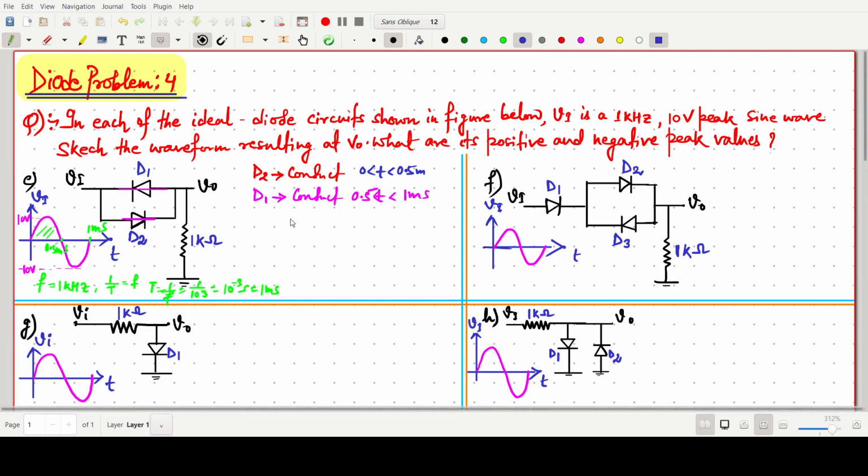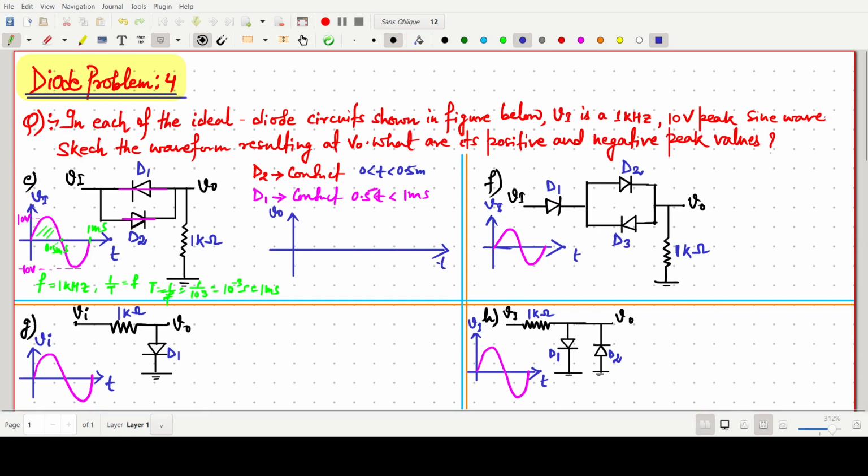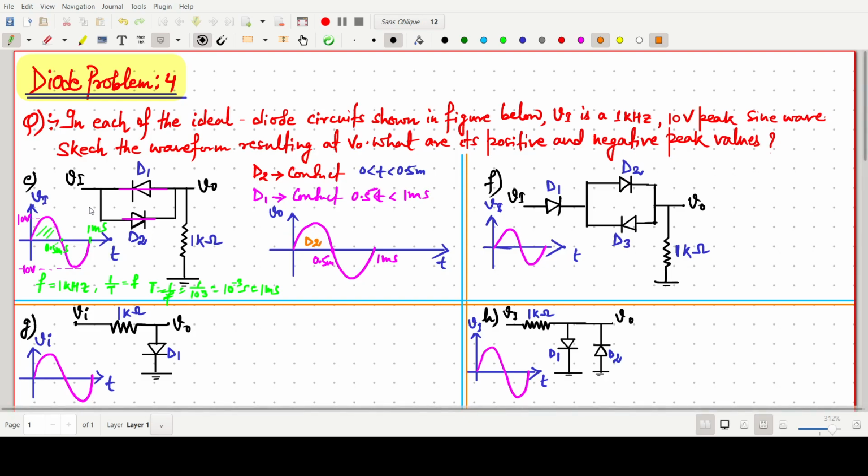So the output waveform, that is our V naught by T, will be same as that of this one. This one is our 1 millisecond point and 0.5 millisecond this point. So for the first time interval 0 to 0.5, D2 will conduct, so it will go like this.